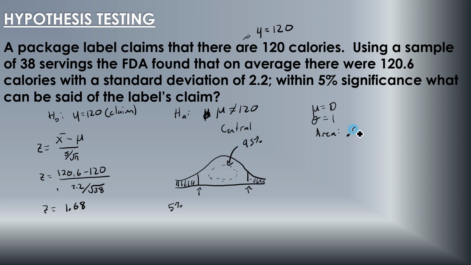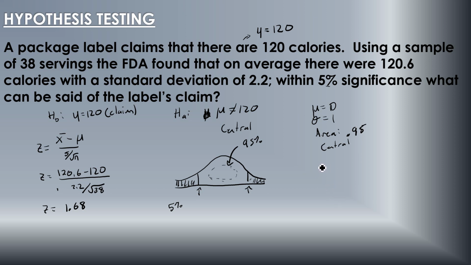So when I do my area, I'm going to put in 0.95. And that's what you'll do for central. Whenever you're doing a central test and you're doing your inverse norm, you're going to have to actually do the opposite of the significance level that you're told. So if you're told 5%, you do 95. If you are told 10%, you'll do 90, and so on.